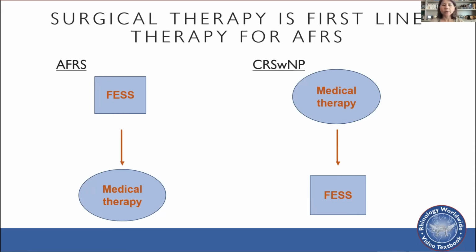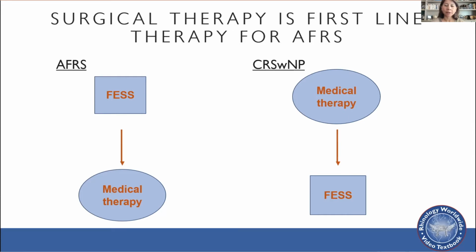In allergic fungal rhinosinusitis, surgery is often the first treatment option because, as you saw, this really thick eosinophilic mucin is very difficult to eradicate with medical therapy alone. So even if you gave someone oral steroids and were able to shrink these polyps, the mucin doesn't come out of the sinuses very easily because of its really tenacious nature and stickiness. That makes that option not very likely.